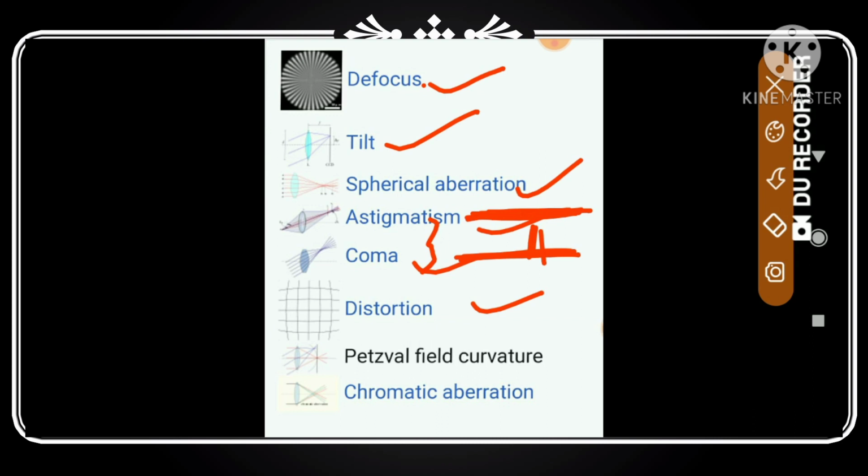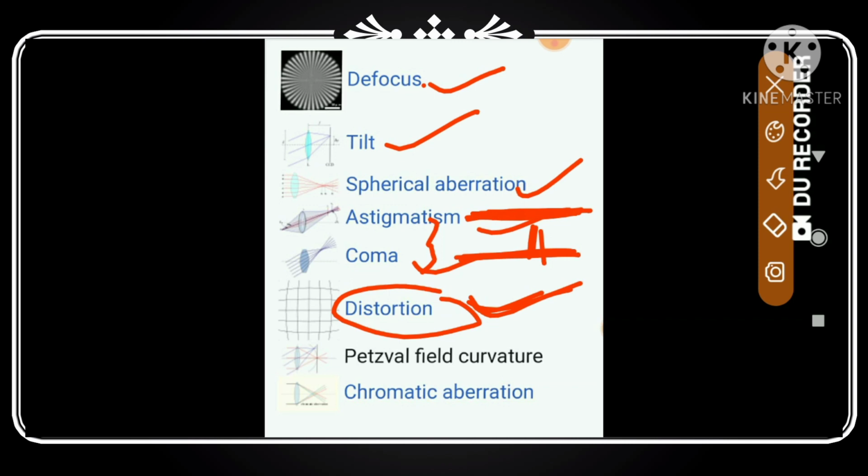Distortion is the failure of the lens to form a point image of a point object, due to the presence of spherical aberration. Coma and astigmatism, and distortion also, form due to spherical aberration.